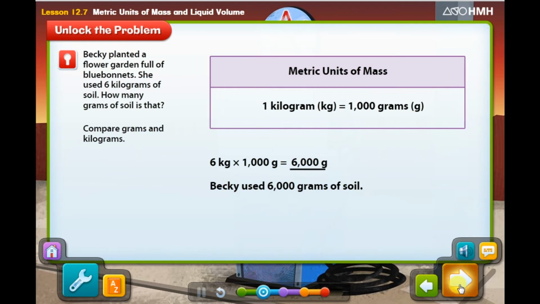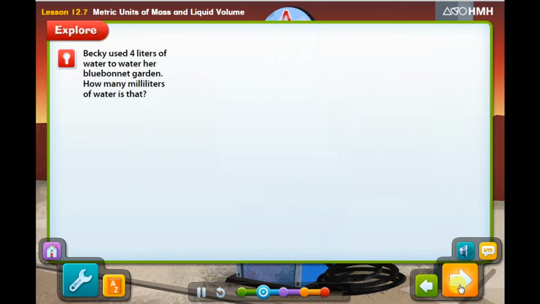Let's see another example. Let's solve a problem with liquid volume. Becky used 4 liters of water to water her bluebonnet garden. How many milliliters of water is that? Let's unlock this problem. What are the givens here? She used 4 liters of water. So 4 liters measures the volume or the capacity of liquid. What does she want to find?